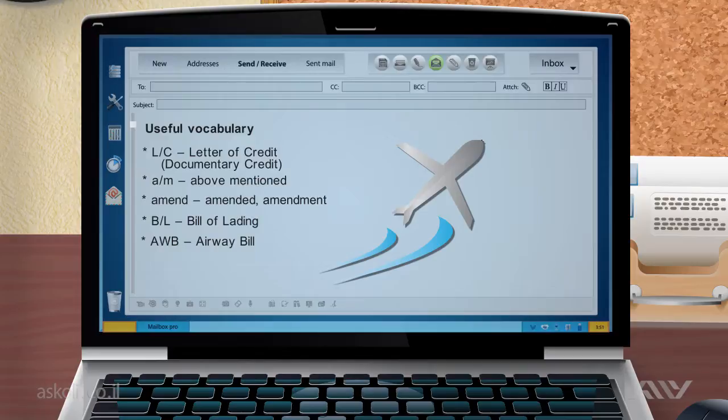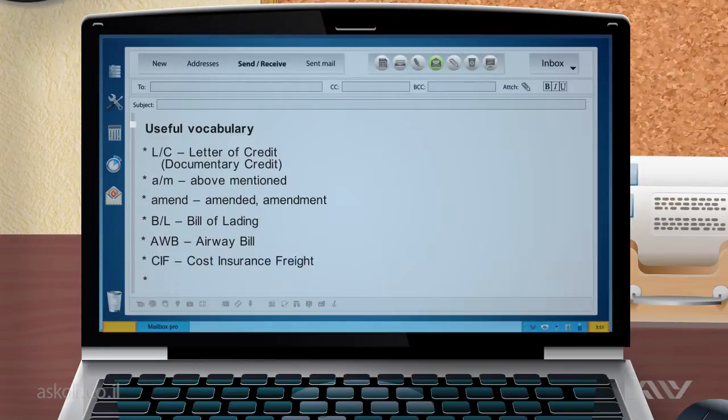I'd like to finish this section with two terms of shipping, CIF and FOB. I don't want to get too much involved in the legal jargon and the measure of responsibility of each party.